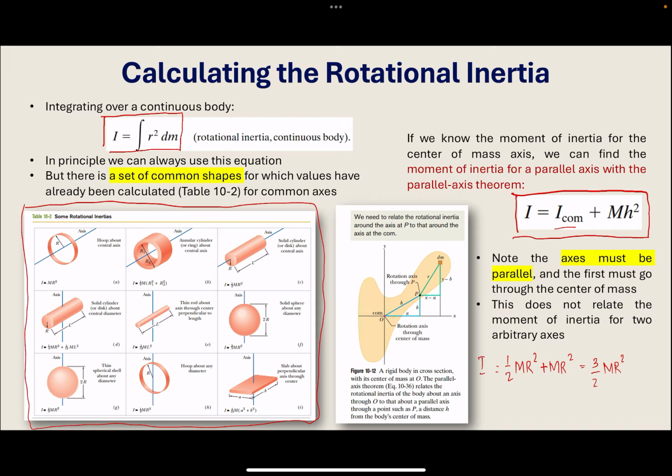So the farther the axis is from the center of mass, the harder it is to rotate the object. In summary, moment of inertia depends not just on how much mass there is, but on how that mass is distributed relative to the axis of rotation.